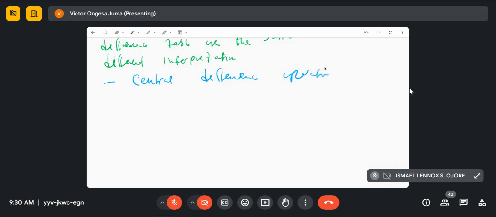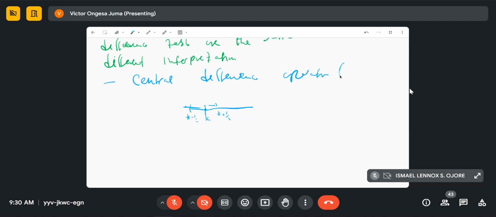Let me just write them down. So the central difference operator is just what? You are moving a half step ahead, and then subtract a half step back. So if I have here, this is k, then I move to k plus a half, and then I move to k minus half, and I get the differences.